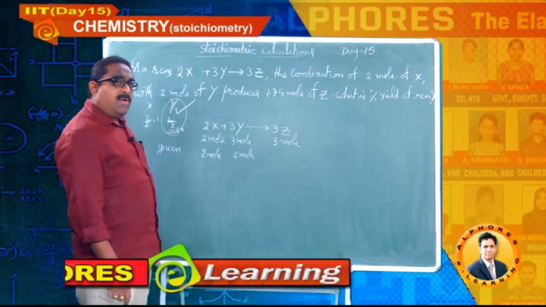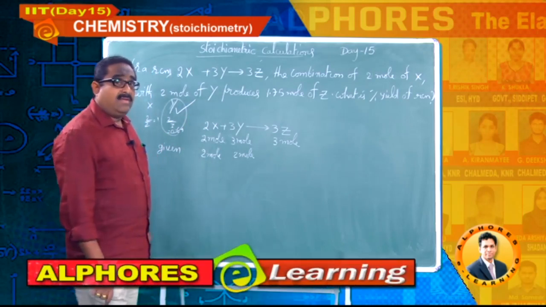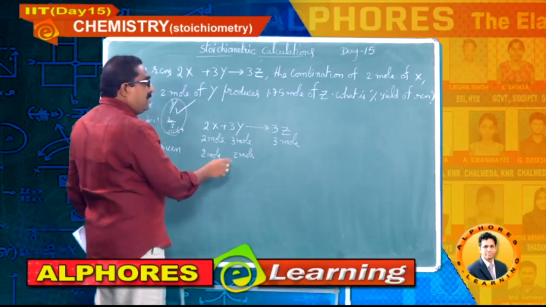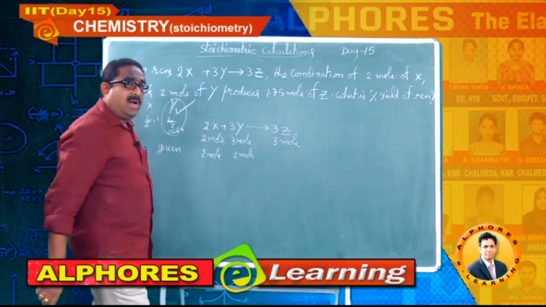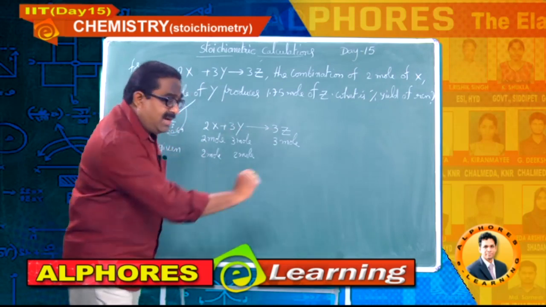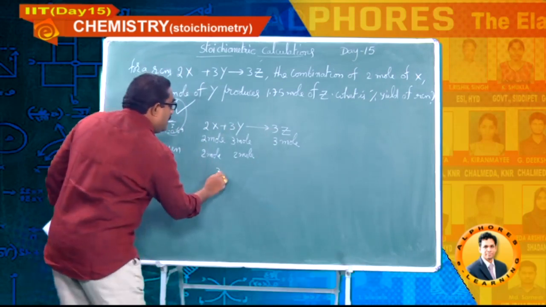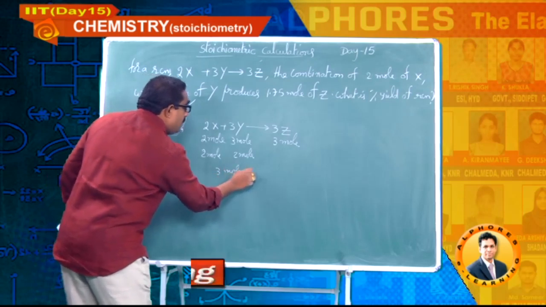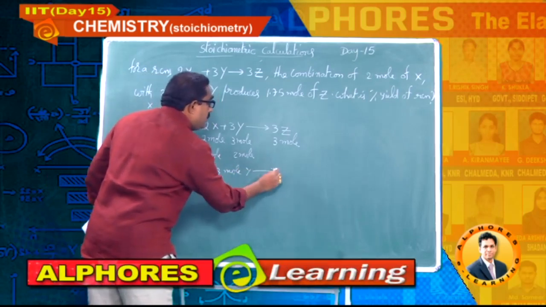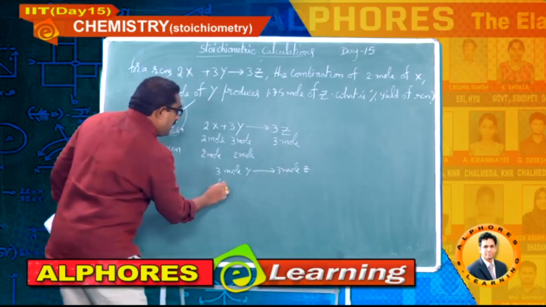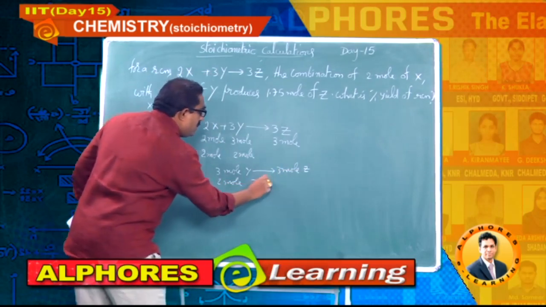And we know the amount of product always depends on the amount of limiting reagent. Now I am calculating the amount of product that should be obtained theoretically. See, 3 moles of Y can produce 3 moles of Z, but this time you are given with only 2 moles.